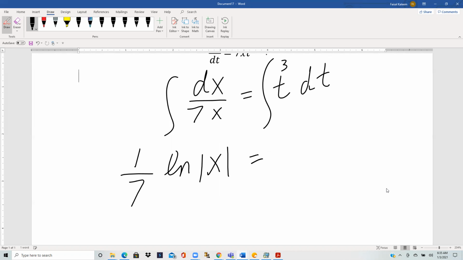And here the integral is t^4 by 4. And then I add a constant just on one of the sides. Usually we add it just on the right side. So 1 over 7 ln |x| equals t^4 over 4 plus c.